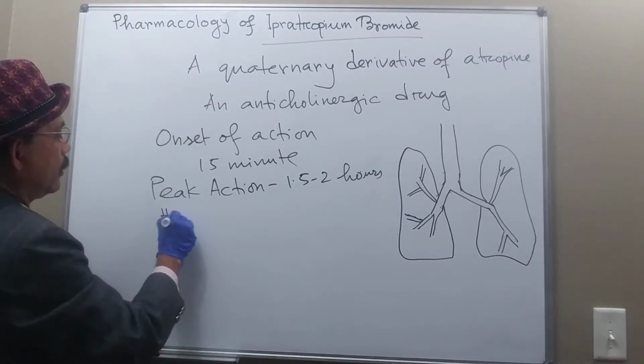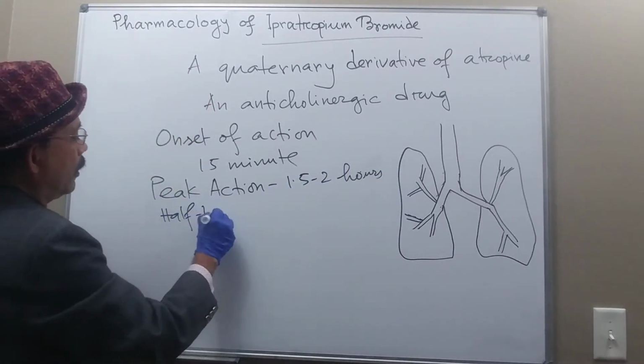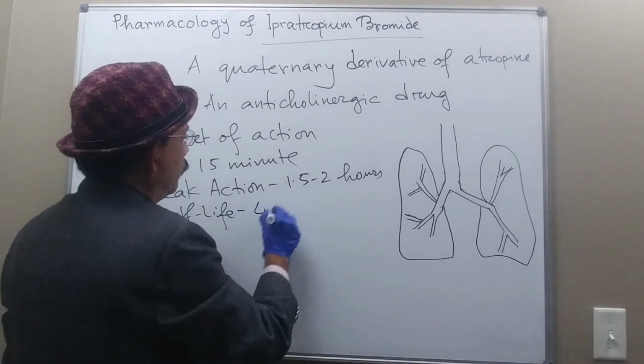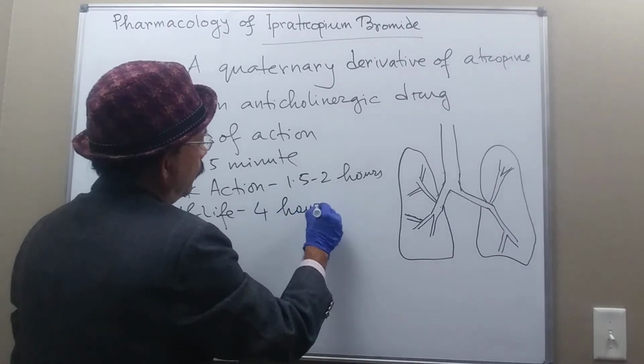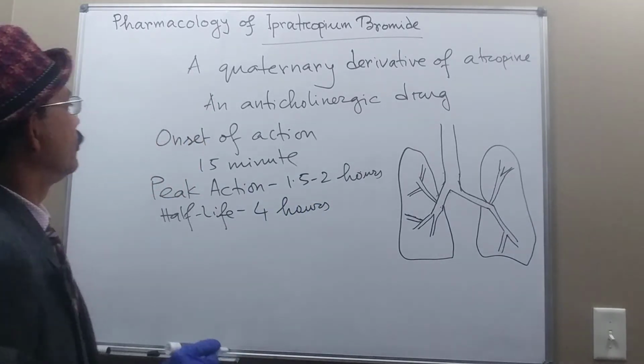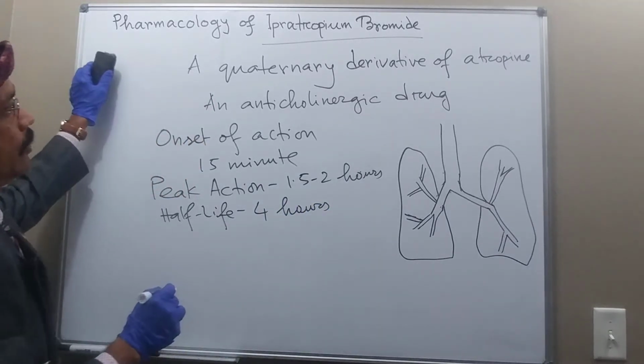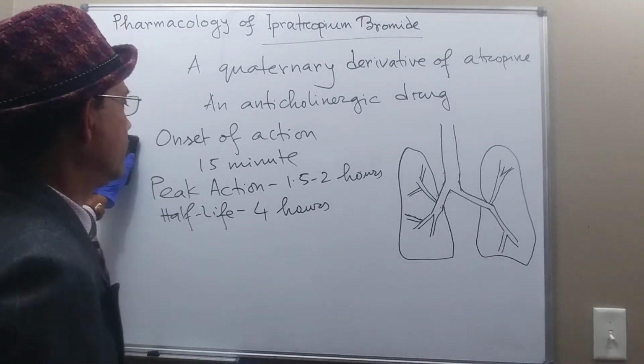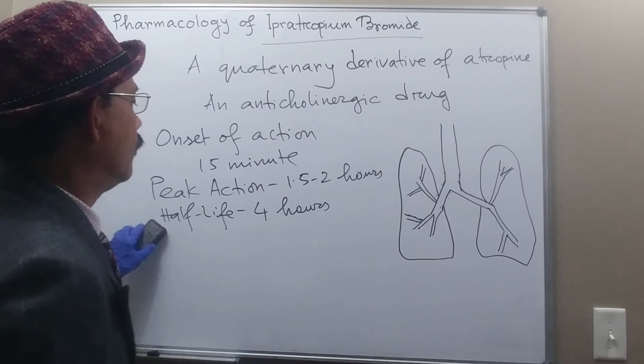Half-life of this drug is about 4 hours. Okay, so you got the pharmacokinetics of the Ipratropium bromide: onset of action, peak action, half-life.